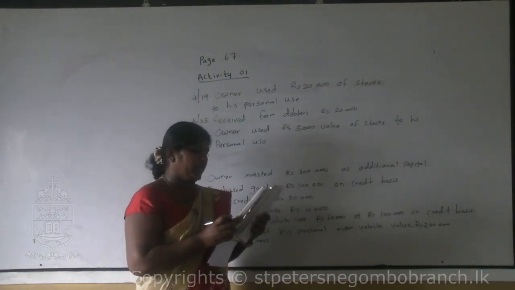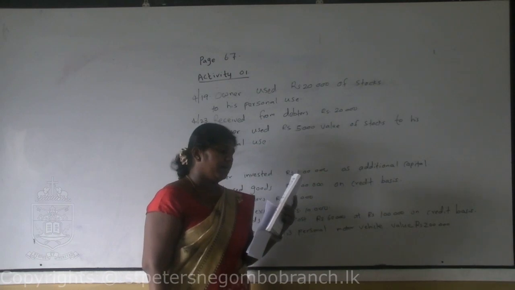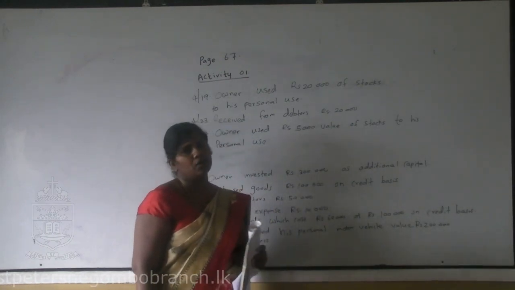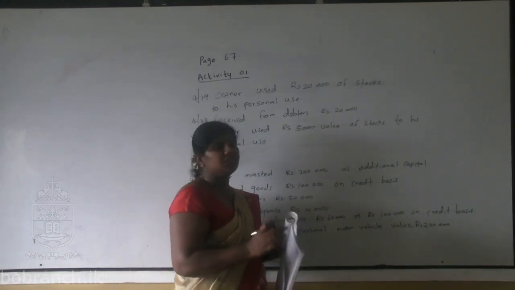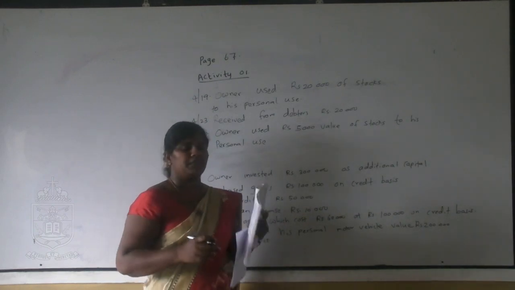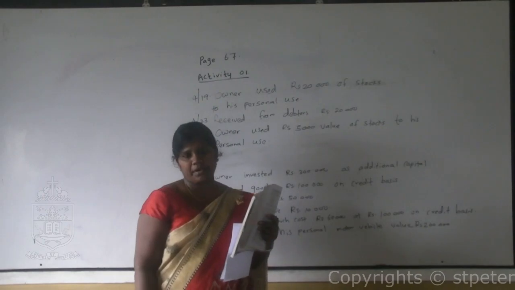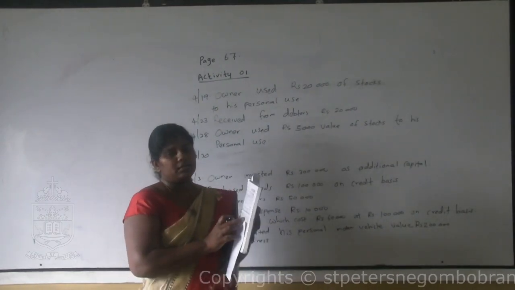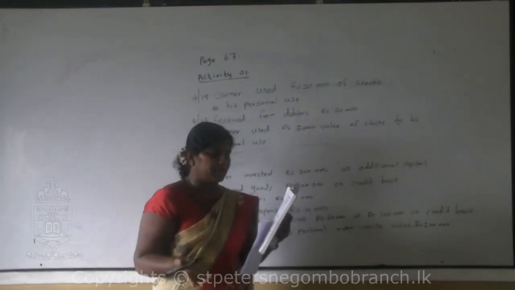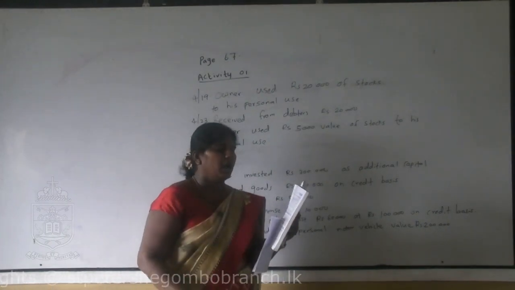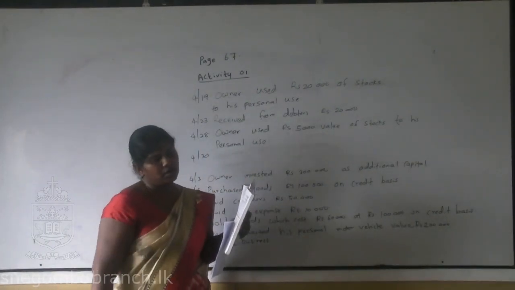Here equity increase 50,000, creditors decrease 50,000. Equity increase 50,000, creditors decrease 50,000 means this is not any payment for creditors. If there is any payment for creditors, definitely cash should decrease and creditors should decrease.